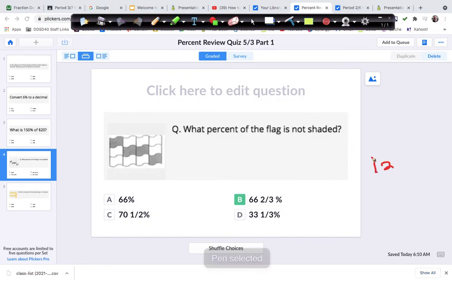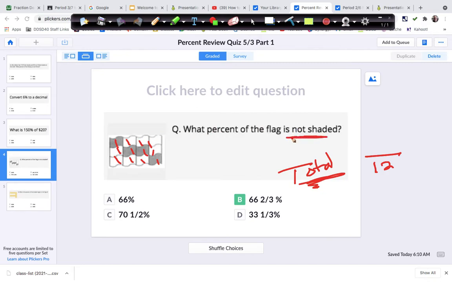The total is 12. The total is important, and I think some people are missing out on that idea of the total. That's all of them. That one, that one, that one, that one. So I'm counting these up, literally every one of them. There's 12 of them. And then how many are not shaded? So 1, 2, 3, 4, 5, 6, 7, 8.